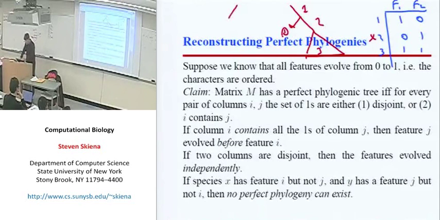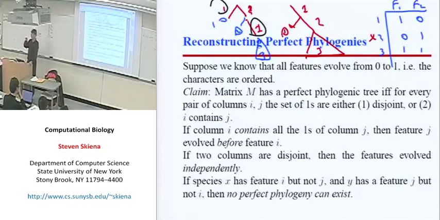The only way you could do it, presumably, would be if you had 1, 2, okay, and then the reinvention of another species. Does everybody see this? Under this world, species 3 would exist, okay? Species 2 would sit off over here. Species 1 would sit off over here. Right? But the trouble is, you have reinvented feature 1.